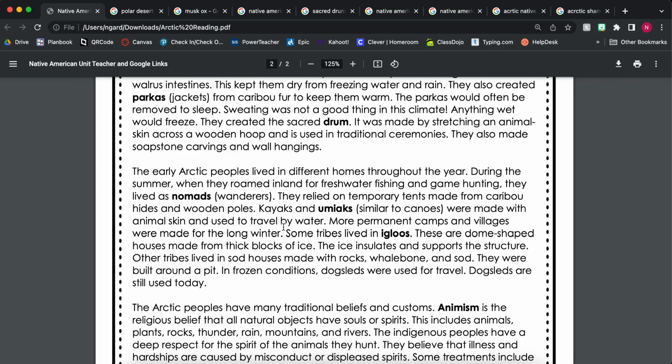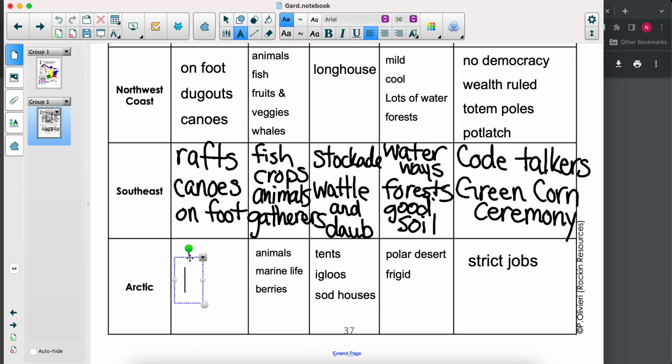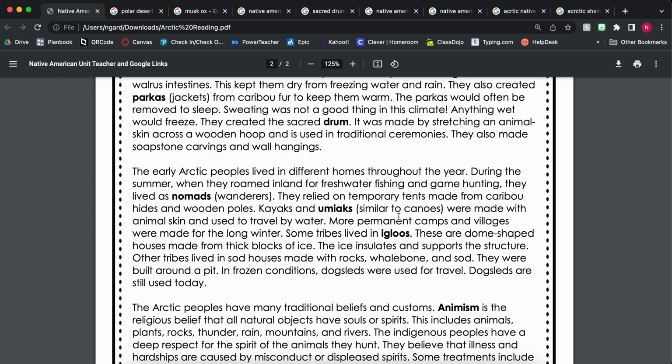We also talked about a lot of transportation. So there were three different ways they got around. So obviously they walked on foot. All of our groups used those good old feet. They had boats, so they had kayaks and umiaks.